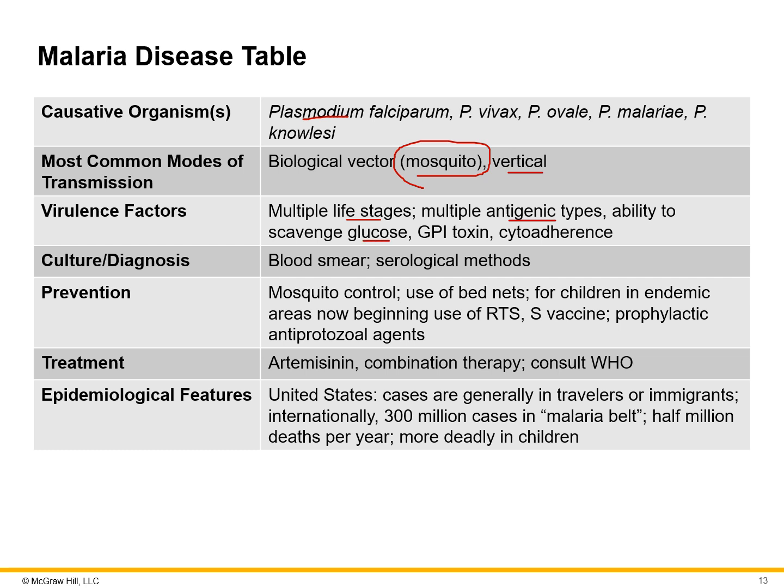It uses up our glucose, and it produces some toxins as well. For prevention, controlling those mosquitoes, as well as prophylactic antiprotozoan agents. And treatment is available. It's not an antibiotic because this is protozoan, but there is combination therapy and antiprotozoan medicines like artemisinin that can be used to treat it.